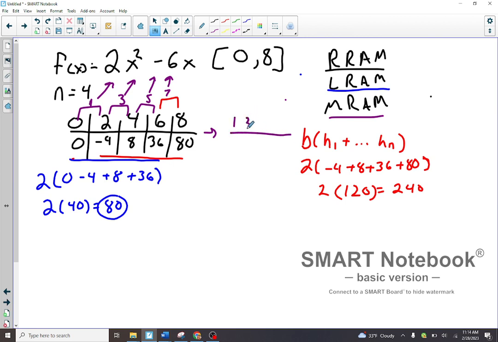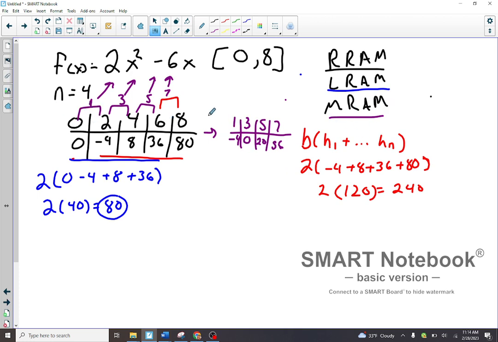So I need 1, 3, 5, and 7. I need those numbers, which are going to be 1 is negative 4, 3 is 0, 5 is 20, and 7 is 56. And you can plug those into your calculator if you don't trust me. But either way, the middle RAM takes the values of the middle points.